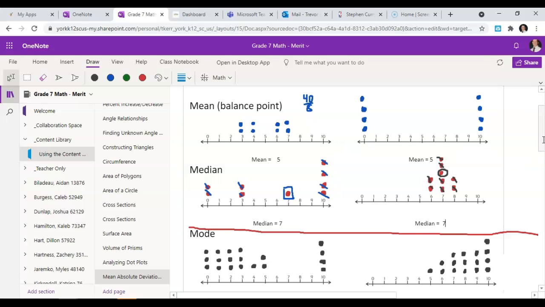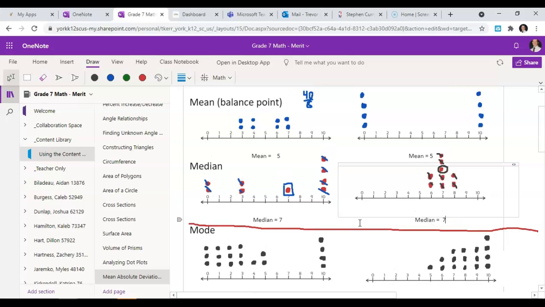And so again, you can start to see an issue with these numbers. They don't tell the whole story. If you told me that these two dot plots are the same at the beginning, I would say there's no way they're the same. They're so different. Because they are. In this first dot plot, 7 was very, very unlikely to happen. Most of the time it was 10, and other times it was over here.